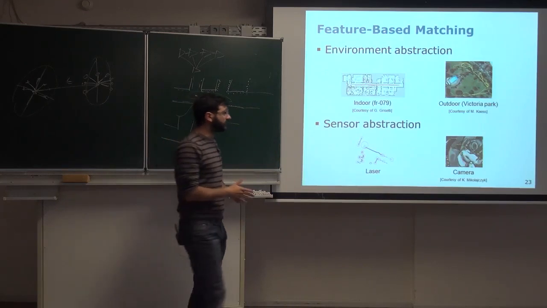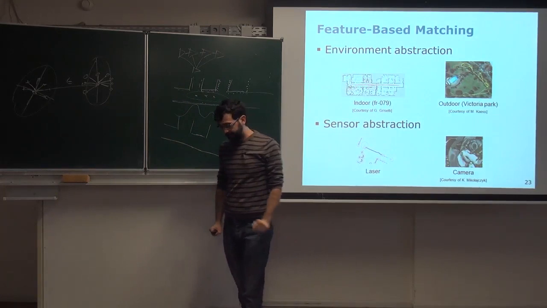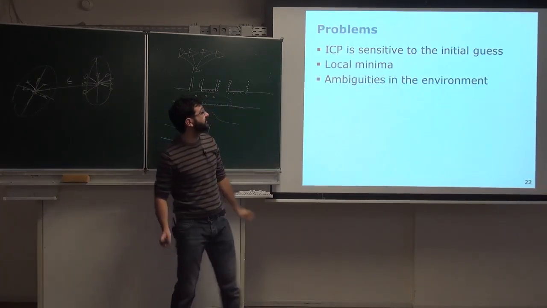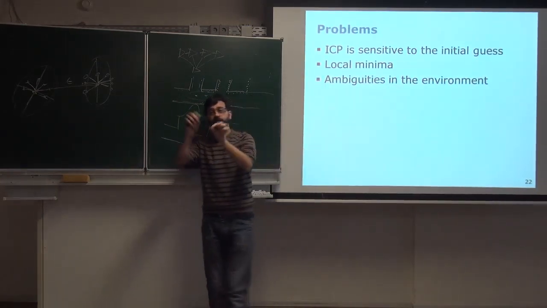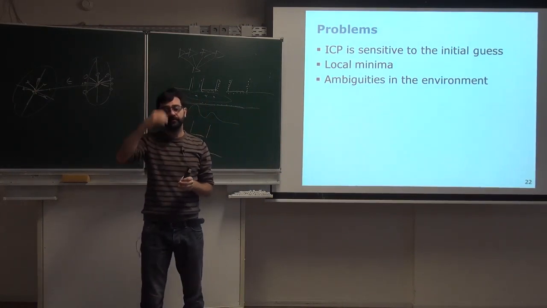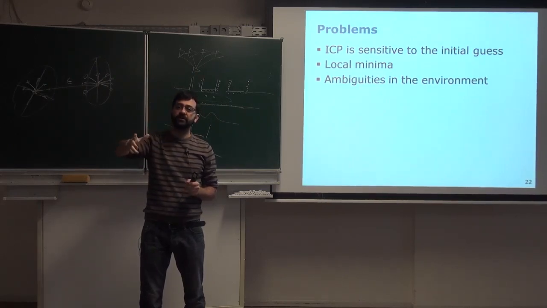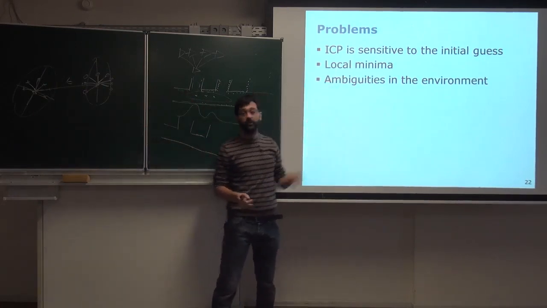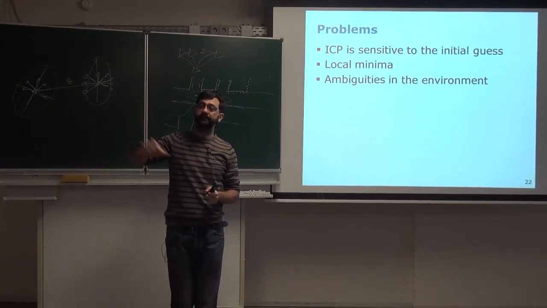The second thing that I want to explain is feature-based matching. Feature-based matching solves, or at least addresses, these two problems somehow. It gives you a better way of computing point correspondences, which in turn makes it more robust to initialization, and it also removes some of the local minima implicitly, because it just gets you closer to where you should be.